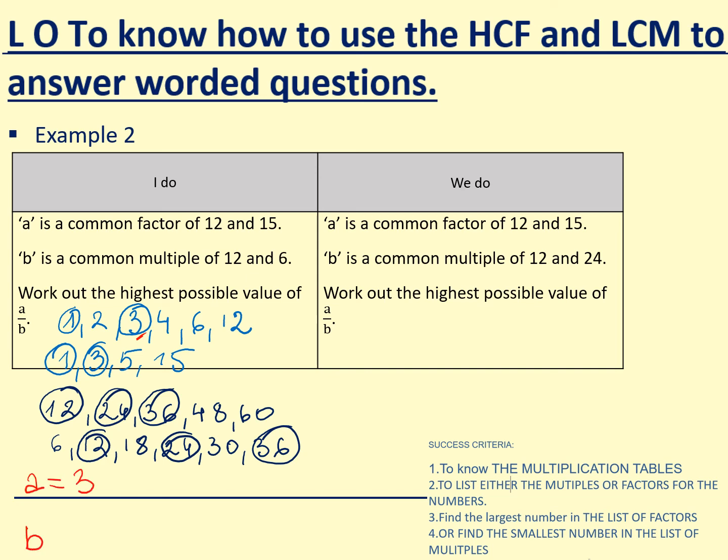And B is the smallest number, so it's the lowest common multiple of 12 and 6, so it must be 12. So the highest possible value of A over B is 3 over 12, which can be simplified by dividing top and bottom by 3. So it's 1 over 4, which is a quarter.